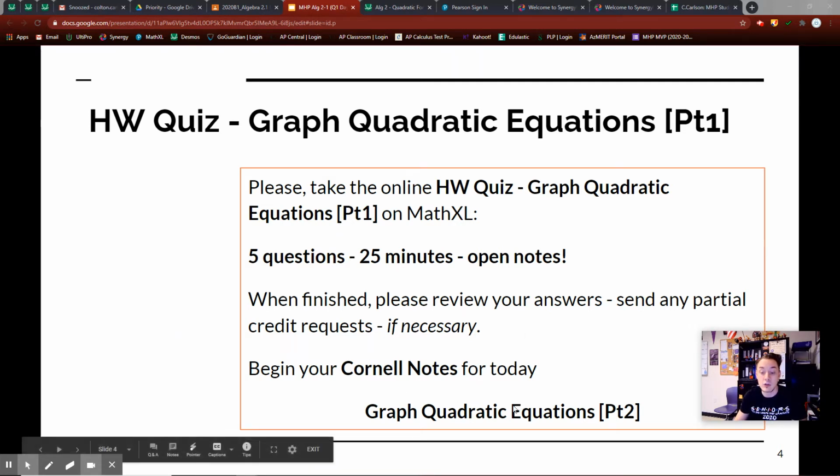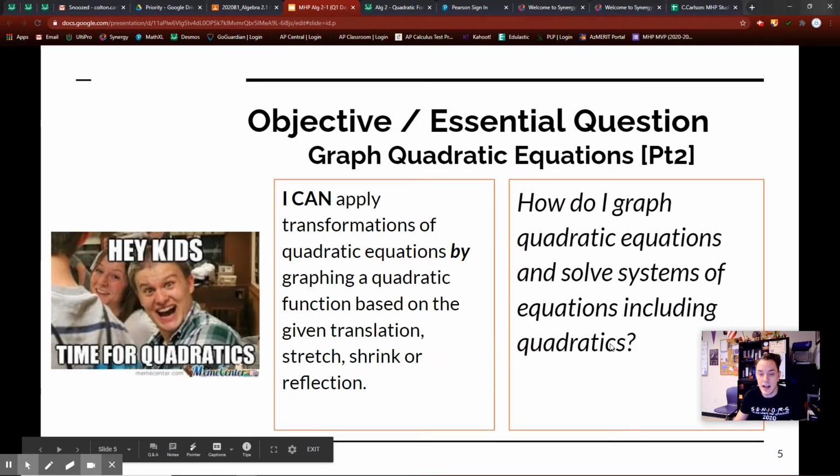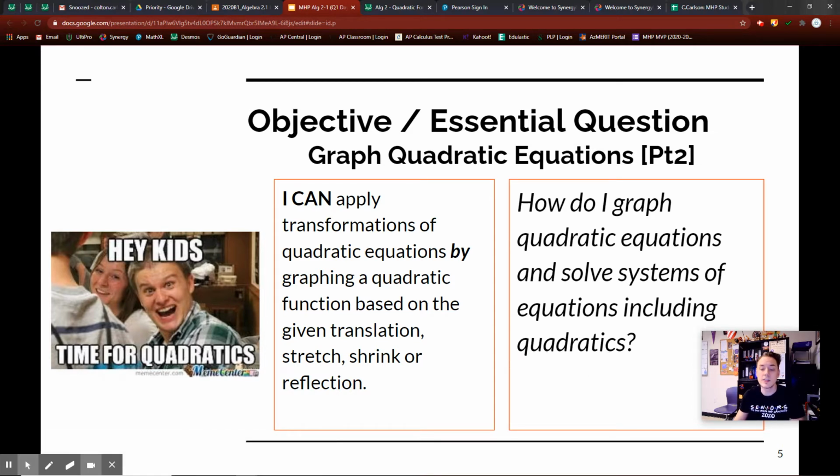Okay? And then graph quadratic equations, part 2. We're going to do that right now. So, how do I graph quadratic equations? And then solve systems of equations, including quadratics. Now, this is actually something that we did before called nonlinear systems. We're going to review at least one question, probably just one question there, because you'll see it on the homework.